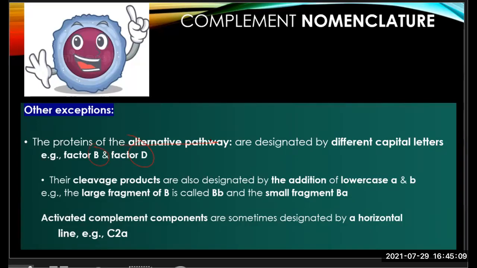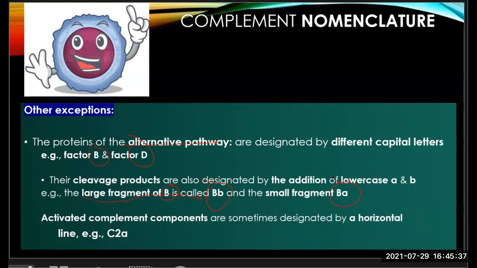Their cleavage products are also designated by the addition of lowercase a and b. Thus, the large fragment of B is called Bb and the small fragment Ba. Again, cleavage products are designated by the addition of lowercase a and b.